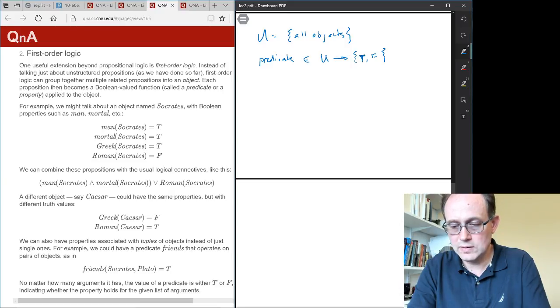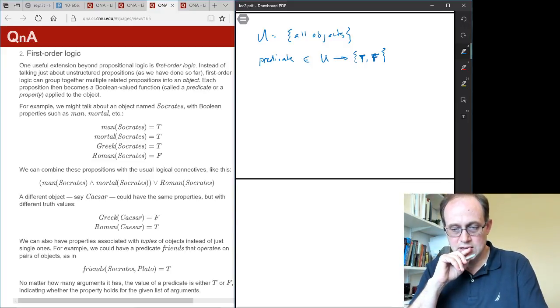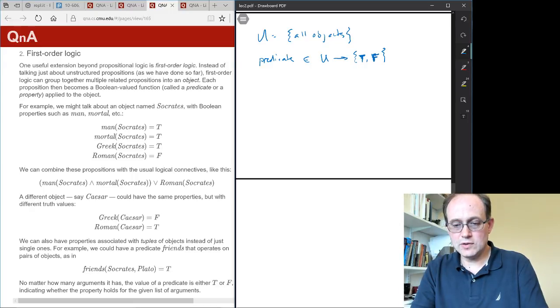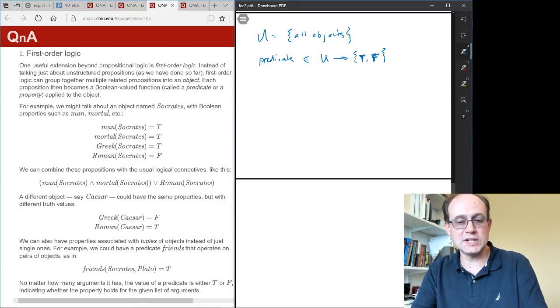So it takes an object and it returns a Boolean value. And so this here, right, this arrow is representing a function type. So we've used now two different meanings for the arrow. It can either be the implies symbol in propositional logic, or it can represent a function type. Here it's representing a function type.